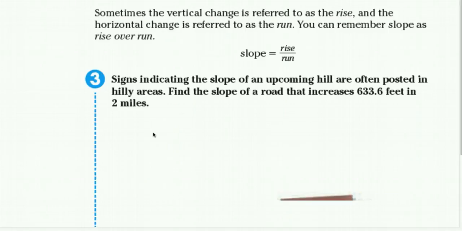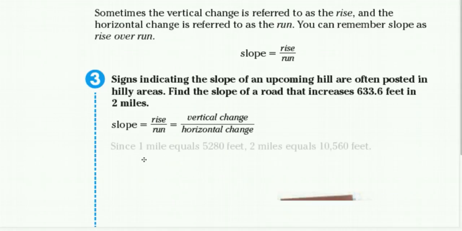So we go back to our slope, which is rise over run, which is equal to the vertical change over horizontal change. Since 1 mile equals 5,280 feet, 2 miles equals 10,560 feet. That's the reason why we converted this into feet, because we have a road that increases 633.6 feet in 2 miles.